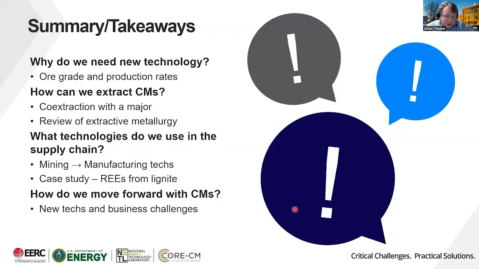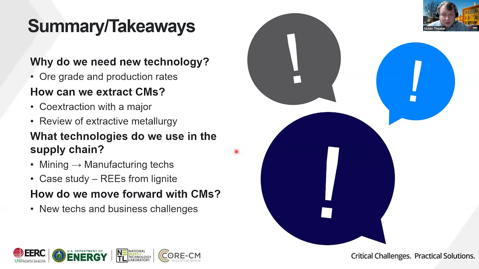And so, in summary of this, why do we need new technology? We talked about ore grade and production rates and why both of those dictate new technologies being required. How do we extract these rare earths? We went through the co-extraction with a major element, such as gallium with aluminum, and also a review of extractive metallurgy and what those technology fields involve.